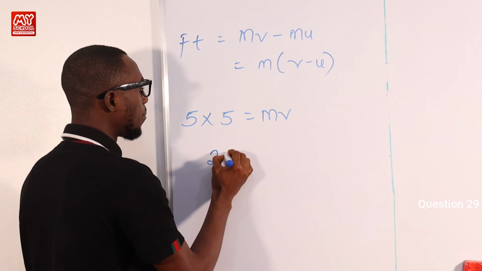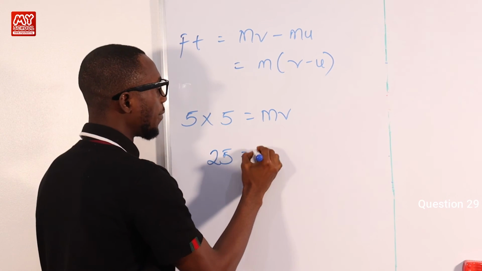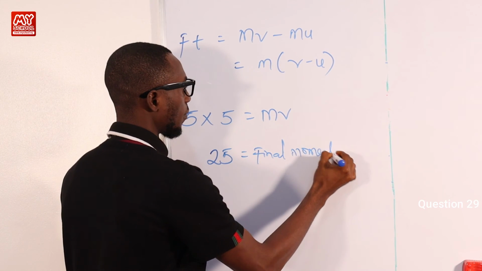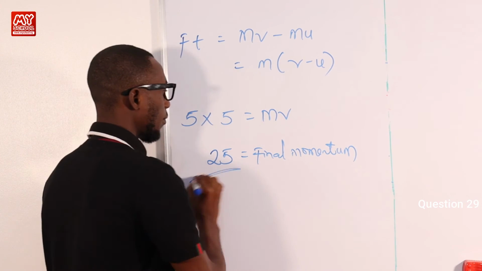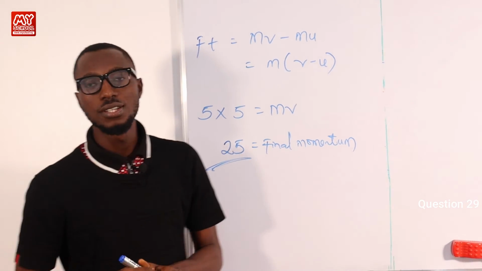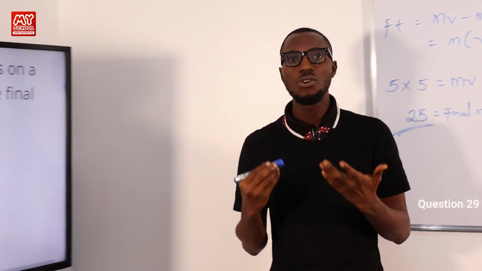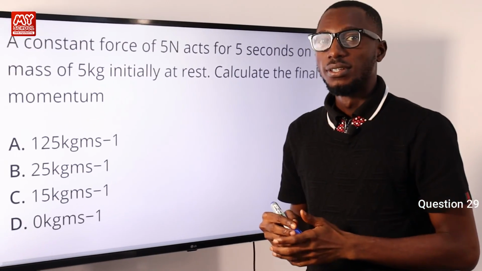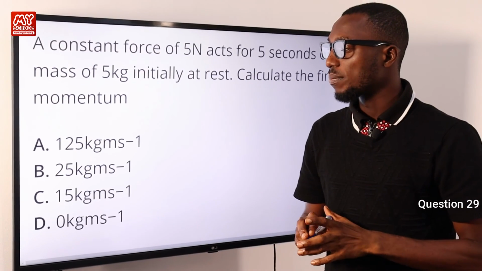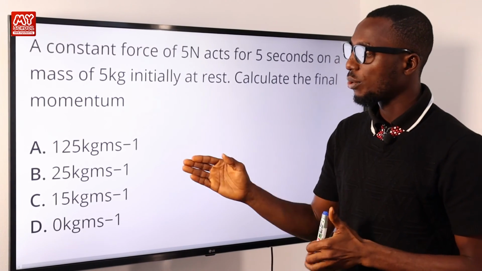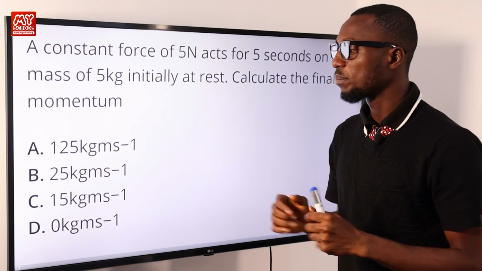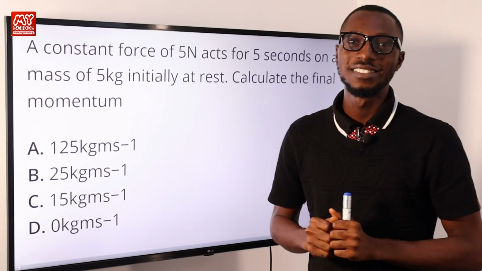Therefore, our final momentum is 25. Let's go back to the screen and pick out the correct option. The correct option is option B, 25 kilogram meter per second. So option B is correct.